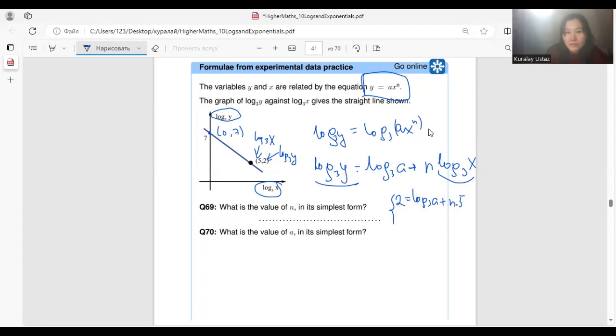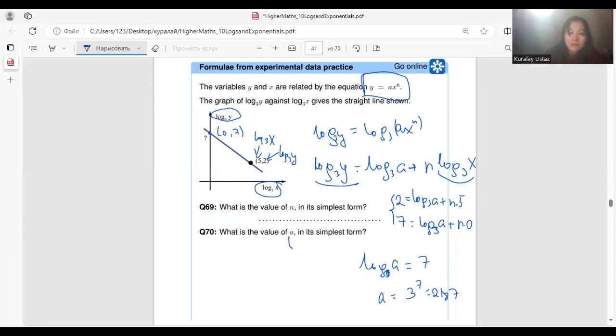And when there is 0, that is 7. So what we'll have here is logarithm base 3 of a equals 7, so a equals 3 to the power 7, that is 2187.